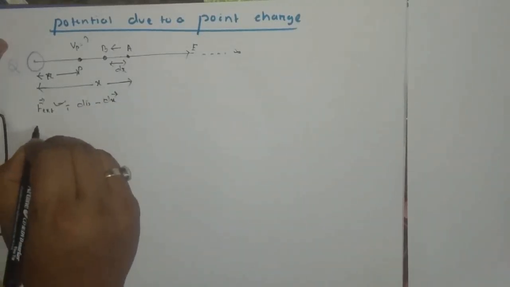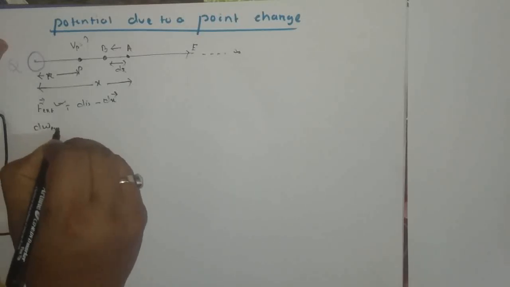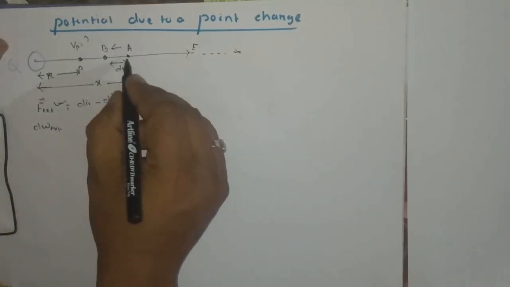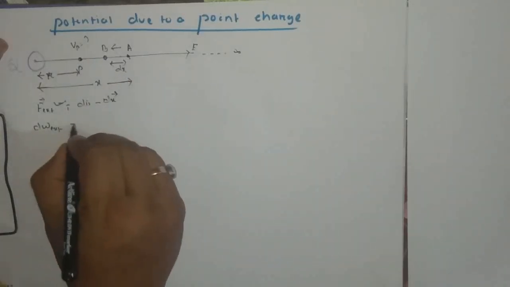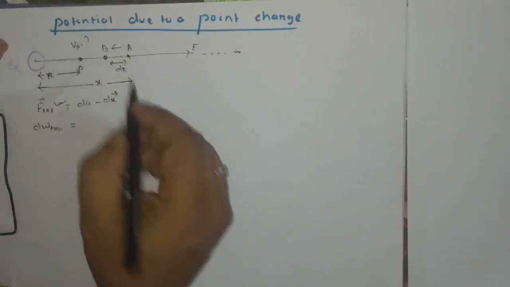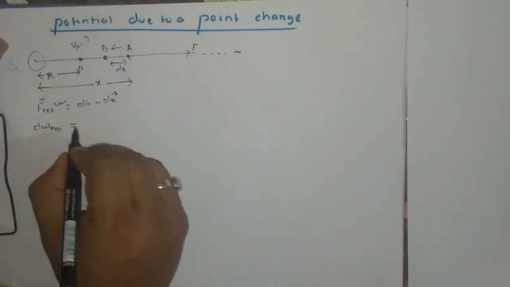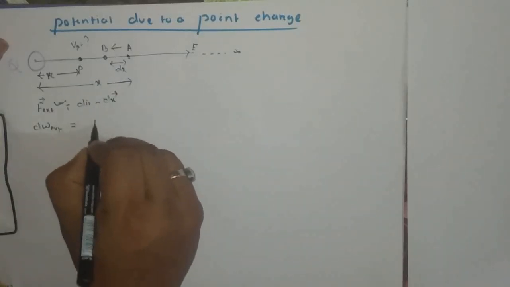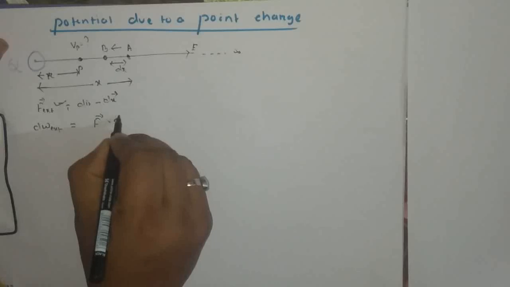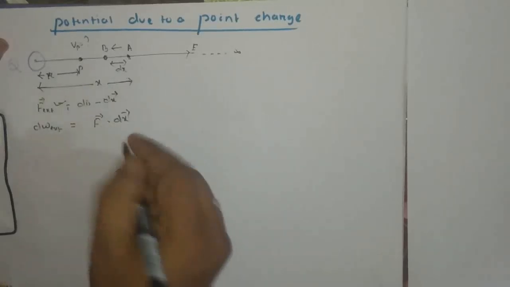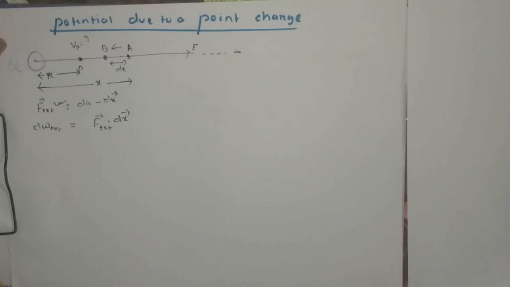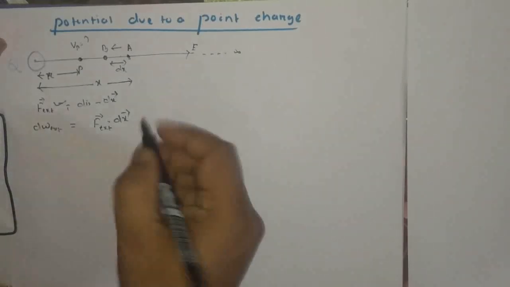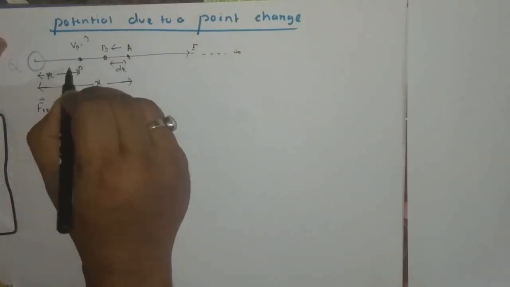So what is the external work done to move this charged particle from A to B? How can I write it? What is the elementary work done to move from A to B? That elementary work done is obviously F dot dx. But here F is the external force.